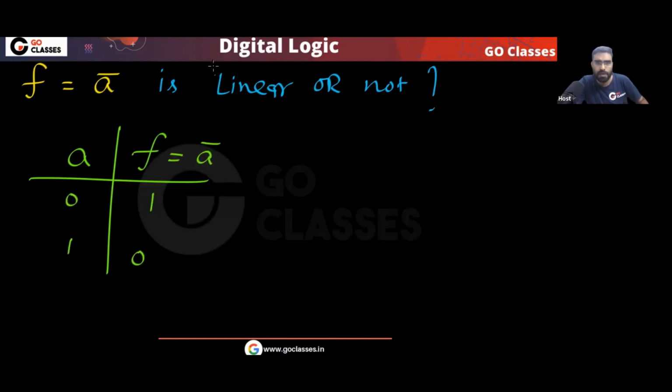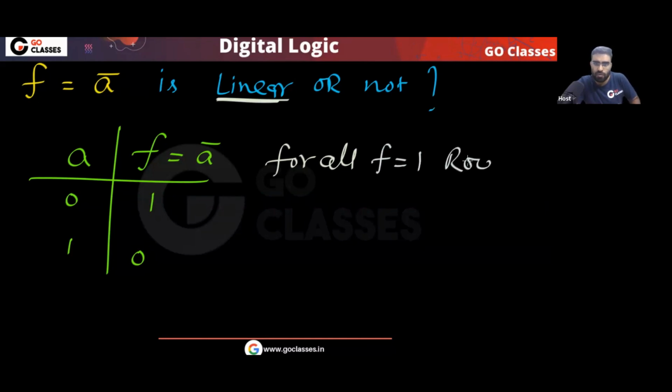Now just apply the definition. For all rows where f equal to 1, how many ones are there in the input?